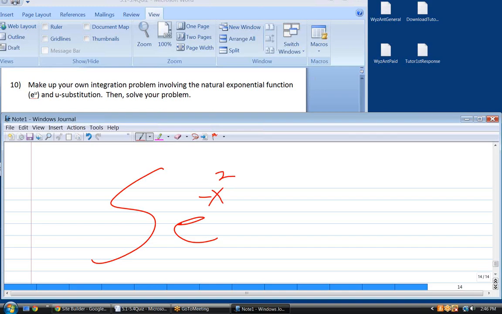There is no function whose derivative is equal to that. So the only way to integrate this kind of a function is by approximating it with infinite series, which you won't get until Calc BC. That's the C part of Calc BC.